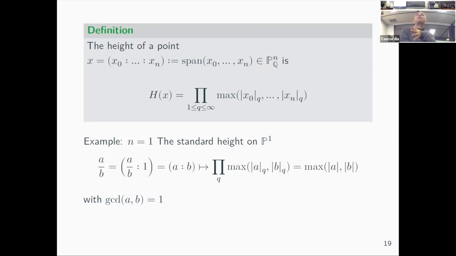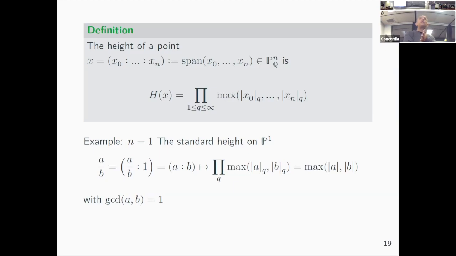And here, what happens is that if I multiply all the x's by an alpha, then all of the absolute values get multiplied by the absolute value of alpha. And so the maximum gets multiplied by that. But now there's a product formula that says that the product of all the absolute values, including the absolute value at infinity, is 1.